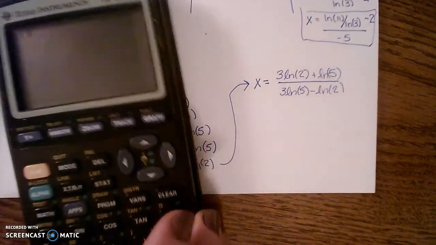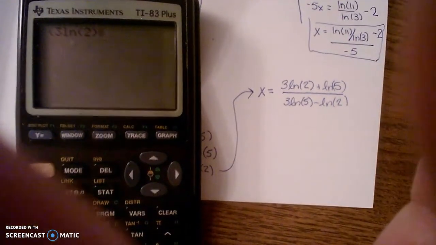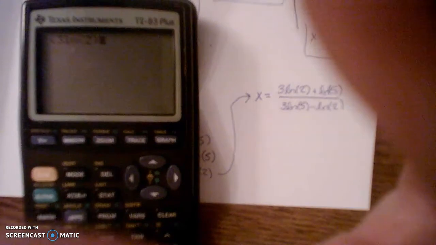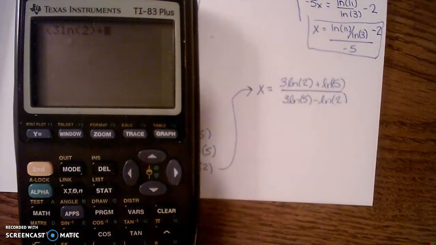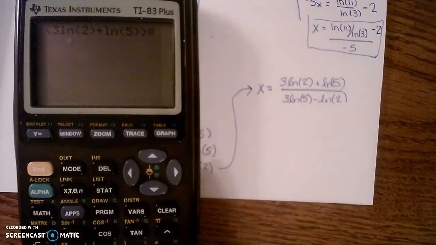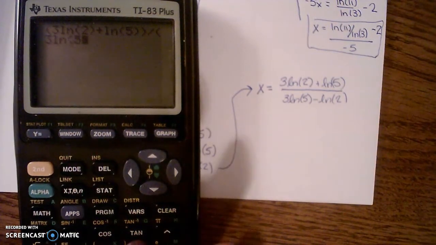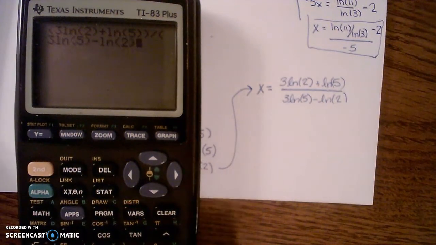I'll use parentheses around the whole numerator: 3 natural log of 2 plus natural log of 5, so that's my numerator. I put the whole thing in parentheses, divided by 3 natural log of 5 minus natural log of 2.